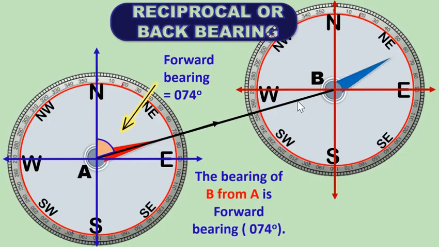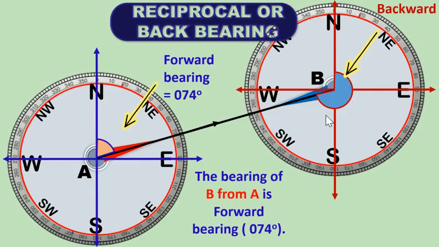Now, the bearing of B from A is the forward bearing, and that's the angle stated. Now, to move from B and look at somebody at A, the bearing of A from B, that's the angle representing that. Measure from the north, that's the angle. So that angle shown now is what we call backward bearing. You can also call it back bearing.